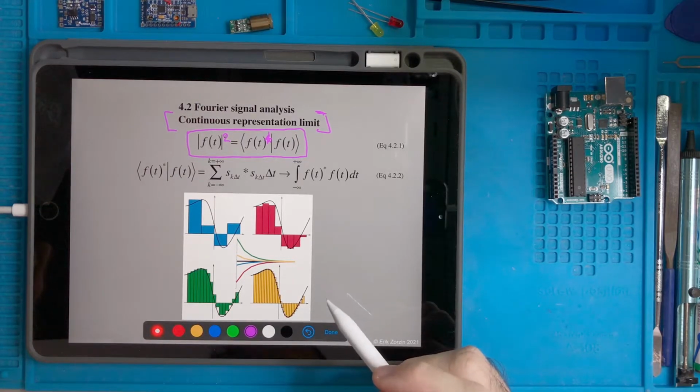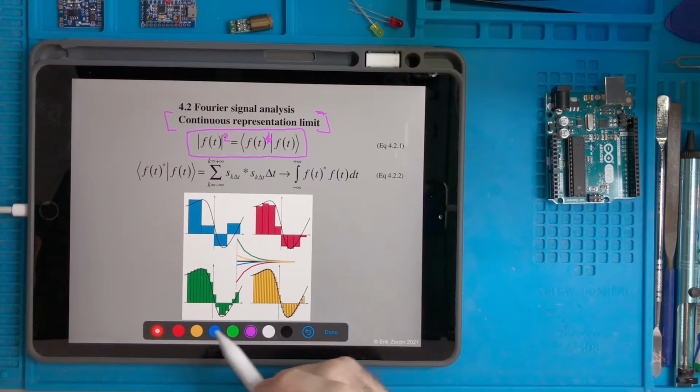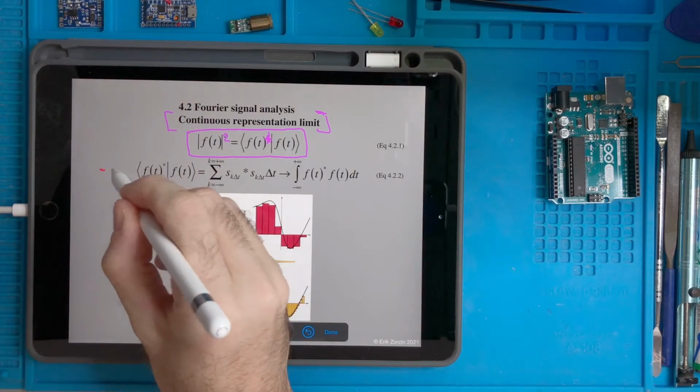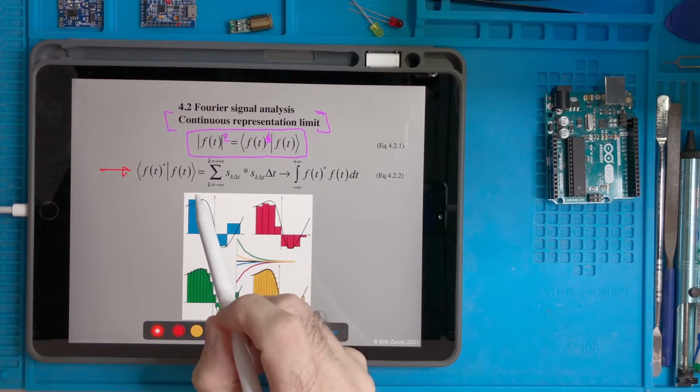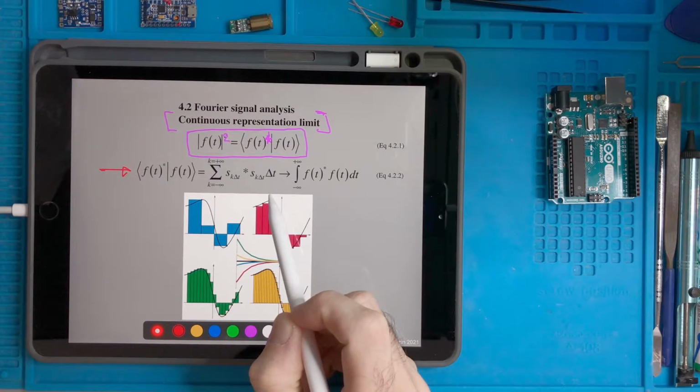So let's see better what this thing is. We have to go here. We write the definition, so we compute this summation.